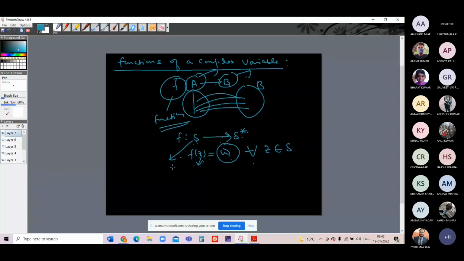When the set S on which f is defined is not specified, meaning I have not given beforehand that S is such that, say, |z| is less than 3, or any other type.